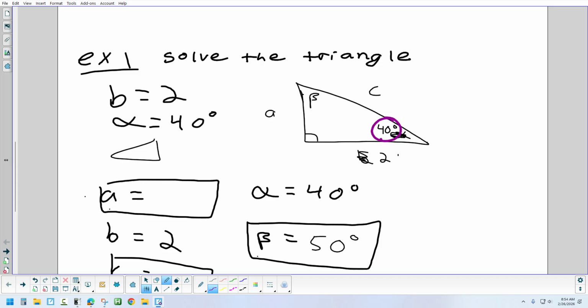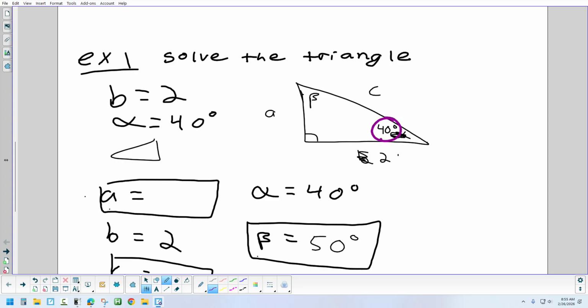Because you could do it with the 50, but I would stay away from the 50 for a very specific reason. Is it because A is opposite to 40? It doesn't have to do with the position of anything. No, it doesn't have to do with where things are. But where did the 40 come from? It was given to us. So why would I want to stick with using it?